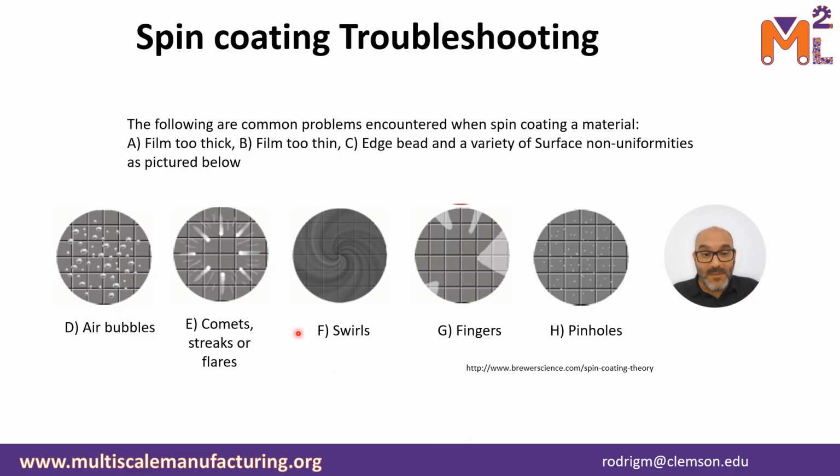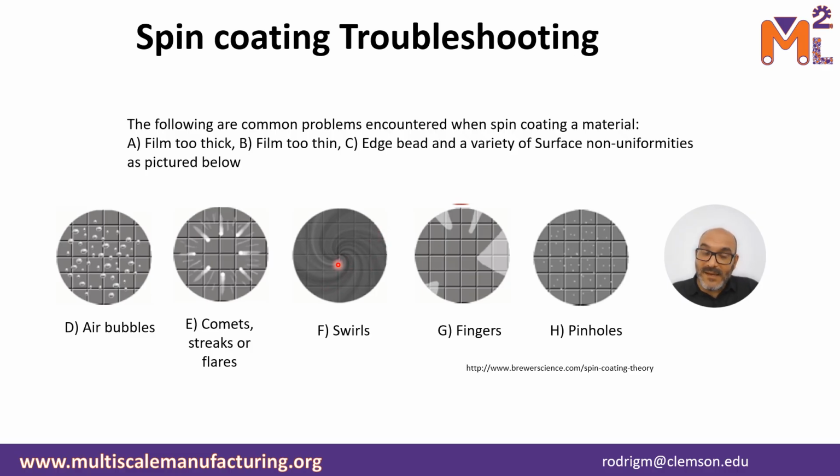You could also have comets, streaks, or flares. These are most common when you have impurities on the substrate. You didn't clean it very well, maybe, or you have some topography already on the substrate. The swirls are a very common problem with an open bowl design for your spin coater.